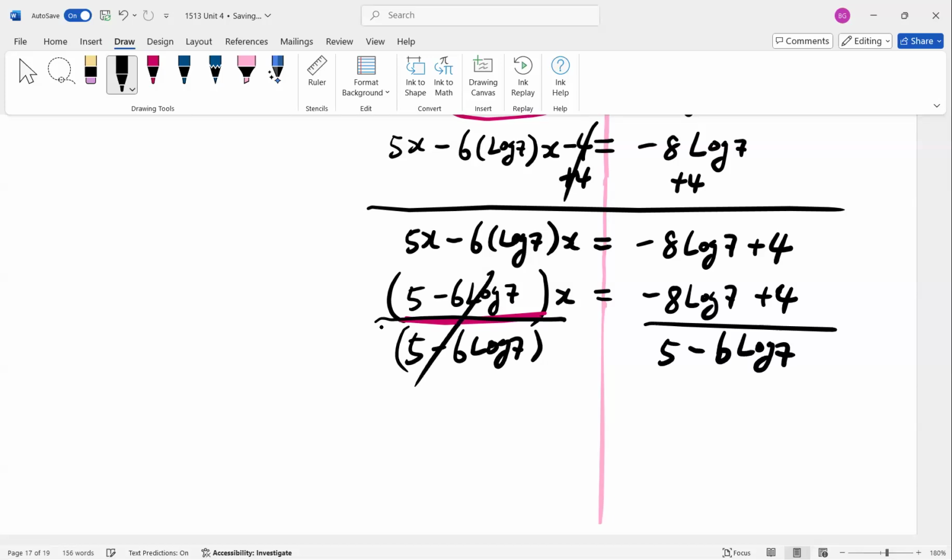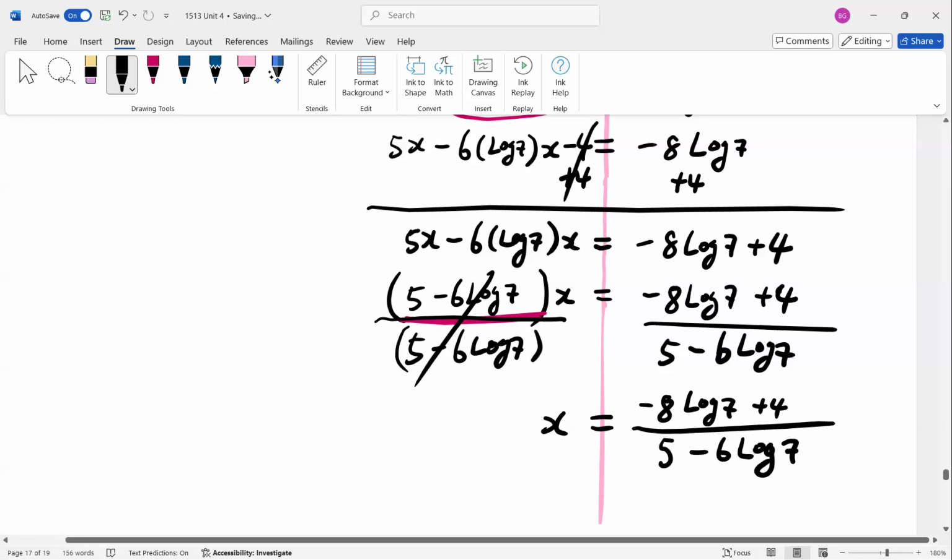And they cancel, x isolated on the left side. On the right side, it is -8 log 7 plus 4 all over 5 minus 6 log 7. That's the exact answer. If the question requires you to enter a decimal, you would use your calculator to get it done.